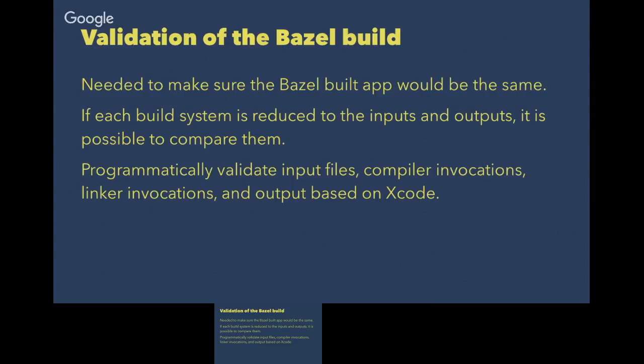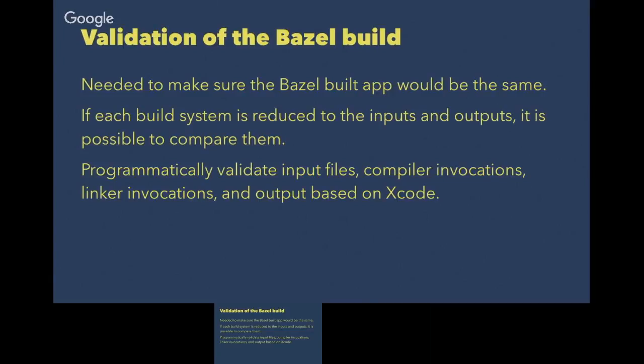As the rocket scientist earlier mentioned, they did validation of their build. We're not building rocket ships at Pinterest, but I can tell you what we're doing is incredibly important, and we needed to make sure the builds were going to be the same. With all 50 dependencies, we wanted to make sure that we were building these dependencies the exact same way.